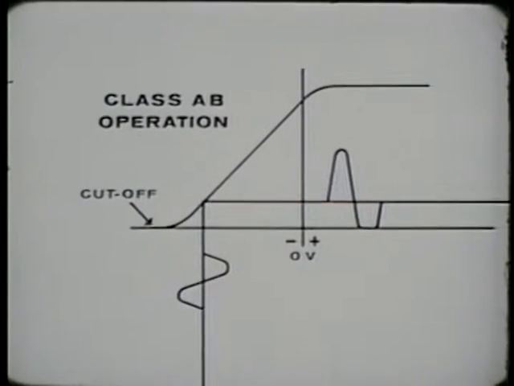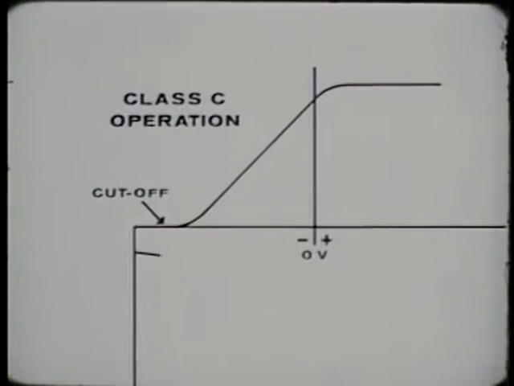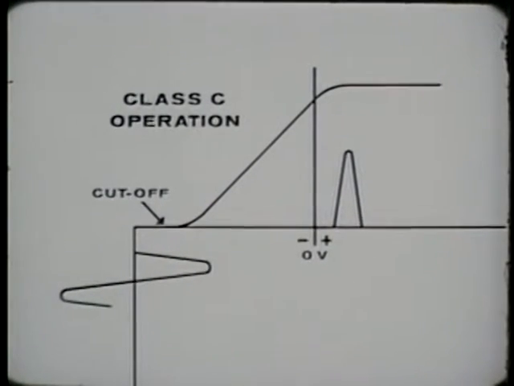Again, note the relationship between plate current flow and the input cycle. If we bias the tube below cutoff, we have a Class C amplifier. This class of amplifier is almost exclusively limited to radio frequency applications.